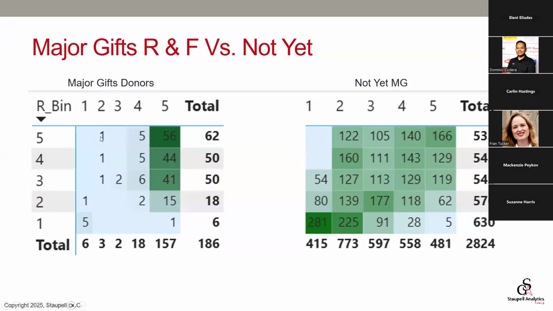And so this is where, when Greg advocates for zeros, zeros would be very helpful, but also recency frequency of 5 and 5. Okay, this is the darkest or the largest number of people, and it makes up a little more than a quarter of the people who are major gift donors. So it tells me that they make a gift and then they make the major gift, right?